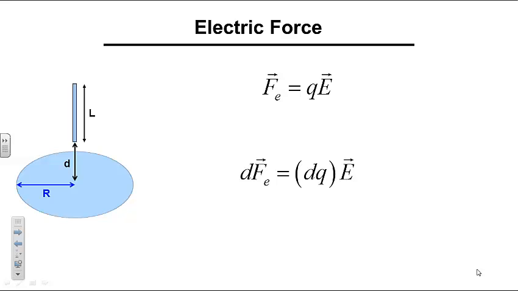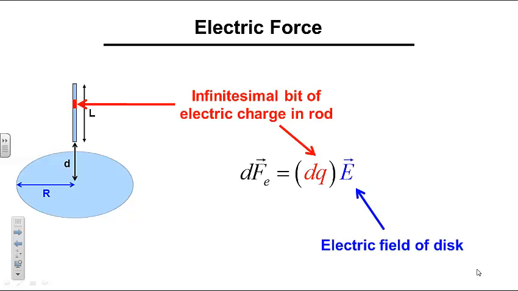We do not have a similar equation for the electric field of the rod at every point in the disk. Thus, the variable dq in the equation will be an infinitesimal bit of electric charge in the rod, and the variable E will be the electric field of the disk at any point along the rod. We are thus solving for the electric force exerted by the disk on the rod.